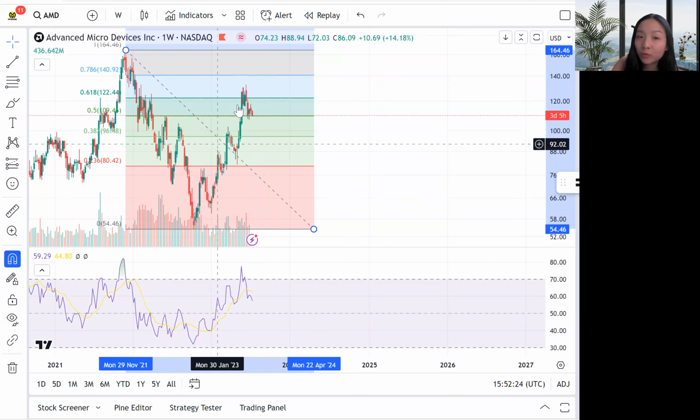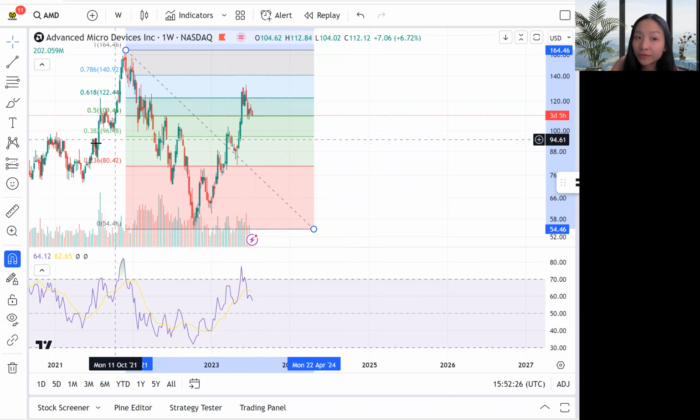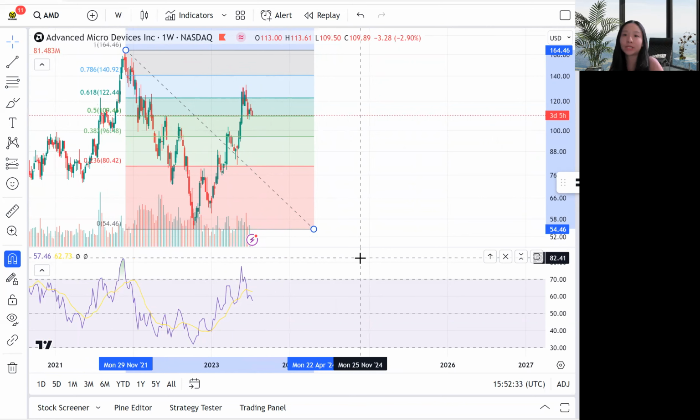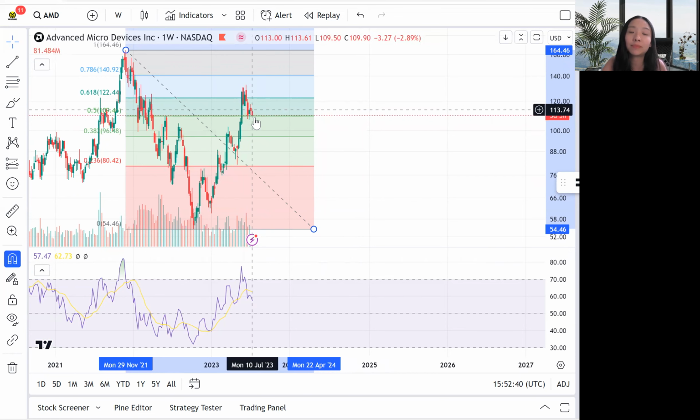If it rebounds only up to 38.2%, it will form a lower low because the correction is not yet finished, which means it will pull down more. If we are in a strong trend, 50% is the minimum I would say, or even 61.8% is a good signal. I will mention more about this in our course.